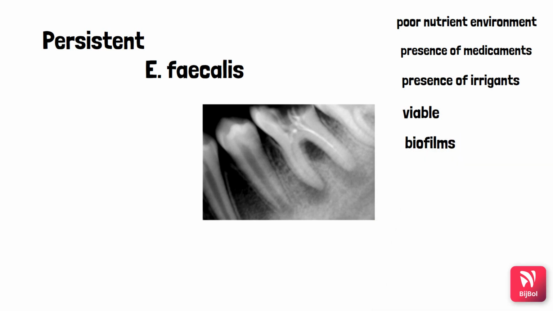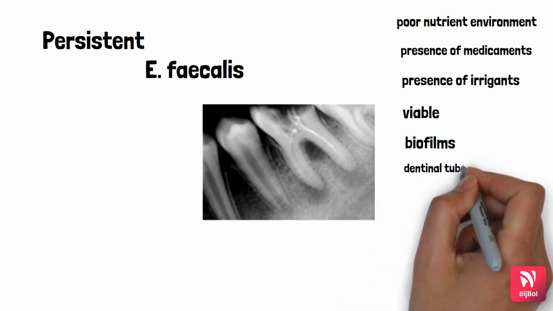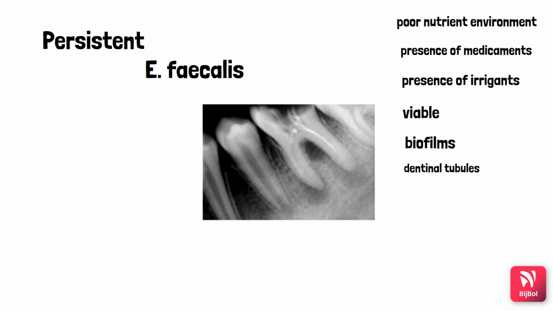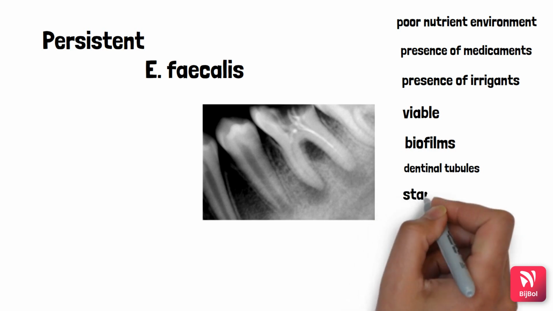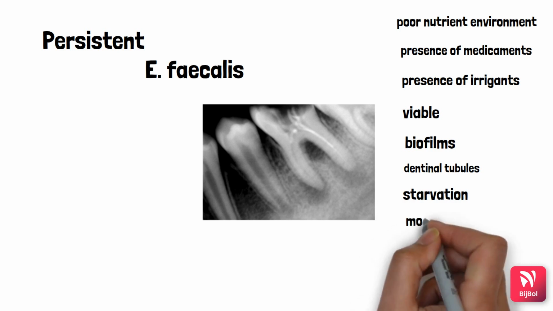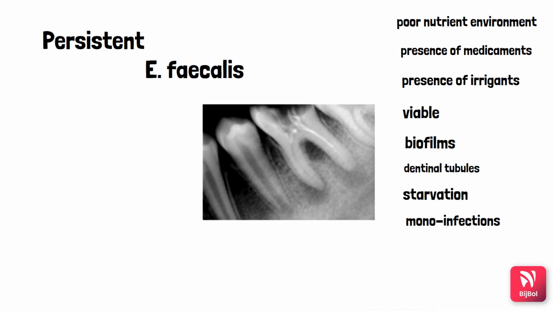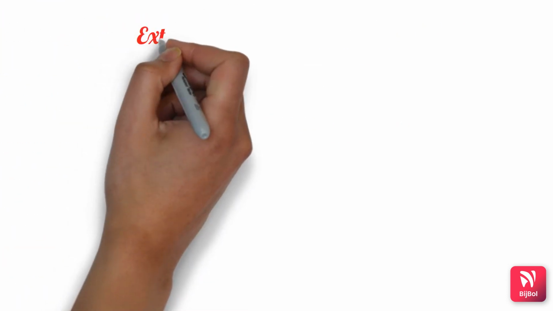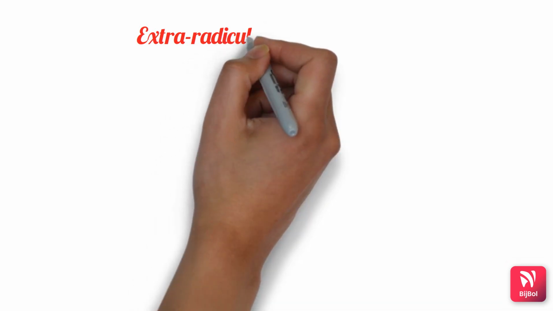So it can form biofilms in the medicated fluids, and it can penetrate and utilize the fluid which is present in the dentinal tubules and survive prolonged periods of starvation and utilize the fluid that flows from the periodontal ligament. And it also survives low pH with a high temperature.